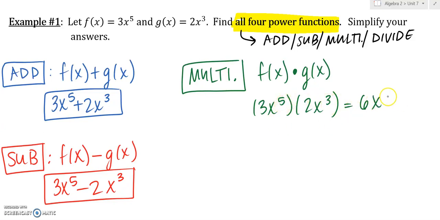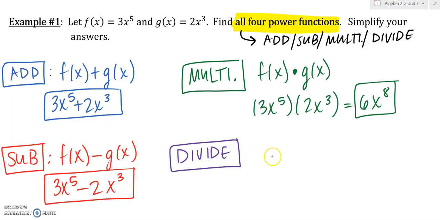So 5 plus that little 3 gives me an 8. So I have 6x to the 8th when I multiply those. And my last one is division. So I'm going to divide these. This looks like f of x over g of x. When I set this up, it's going to look like 3x to the 5th divided by 2x to the 3rd.